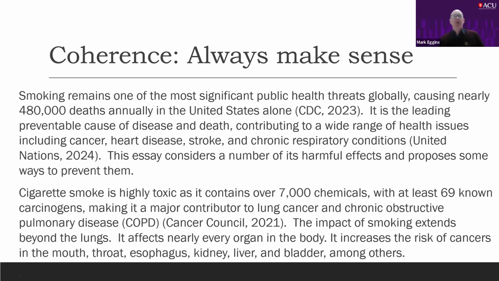Now, also you need to make sense. I don't expect you to read all this; I'll just summarize it a little bit. Basically, it's about smoking and public health. The first paragraph is talking about the number of deaths and various related conditions. The second one's talking about the chemicals in cigarettes, things like that.